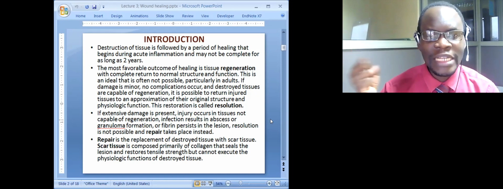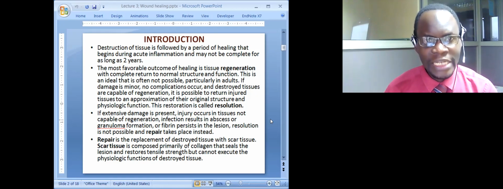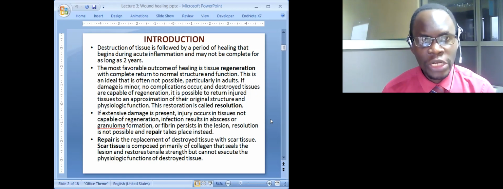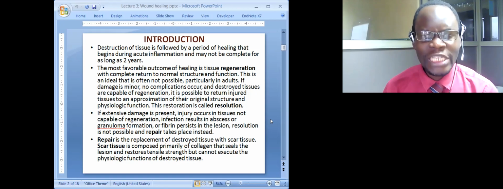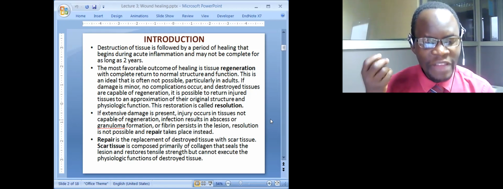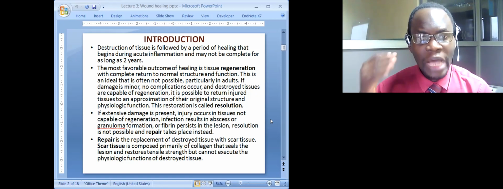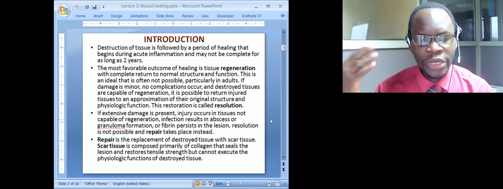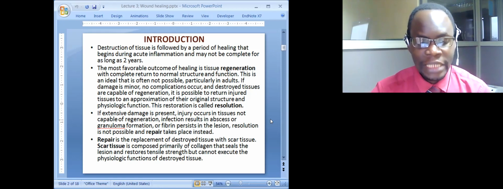In other words, you need the tissue to regain the status that it probably had before. We need it to return to a state which is almost normal to what it was before. However, this is not usually possible. When we have healing, it goes almost towards normal, but complete total normality is never possible.